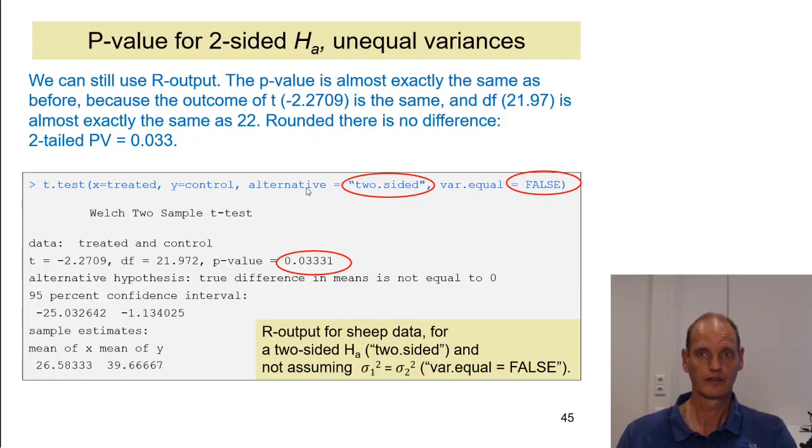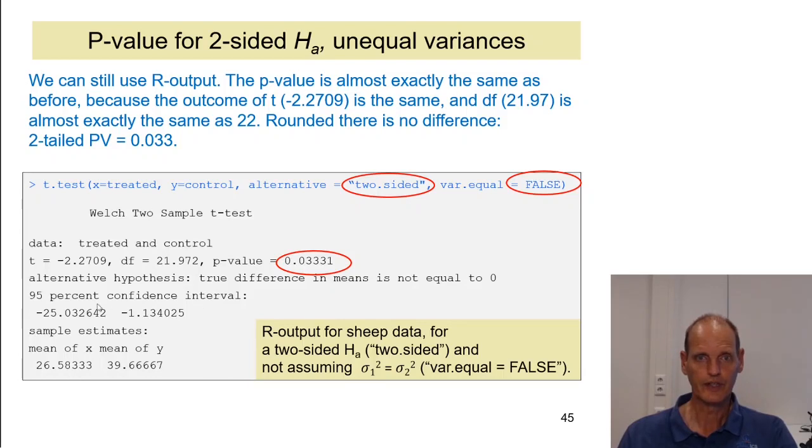Alternative is two-sided, let's say. And var.equal is false now. No longer is true, but is false. And then we no longer get the two-sample t-test, but the Welch two-sample t-test is called. We get the same t is minus 2.27, degrees of freedom slightly different, and the p-value is again 0.033. Maybe only in the fourth decimal place or so it is different. So again, there is clear evidence that there's a difference in mean number of worms between the two groups.